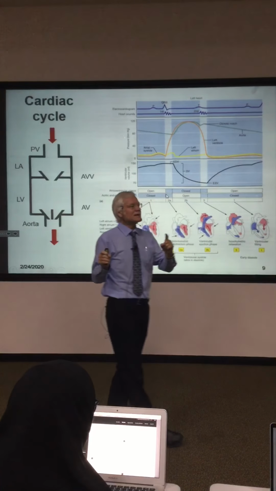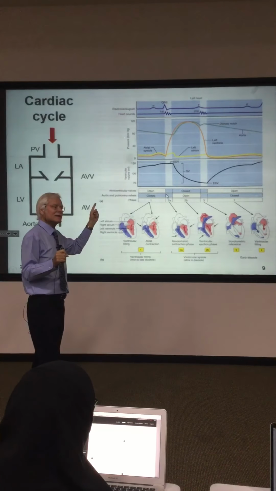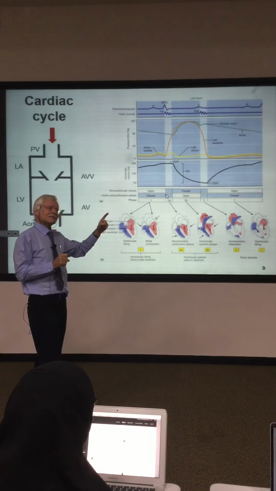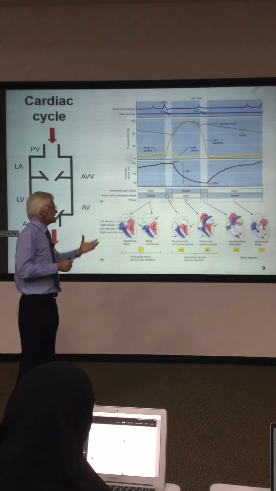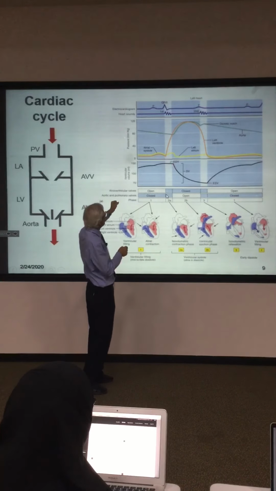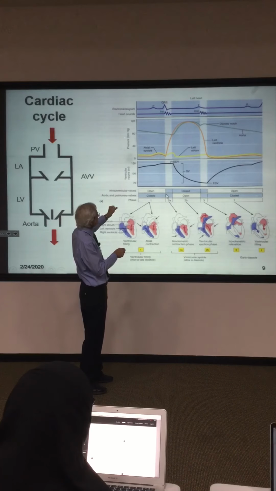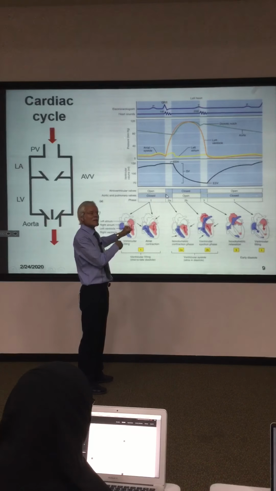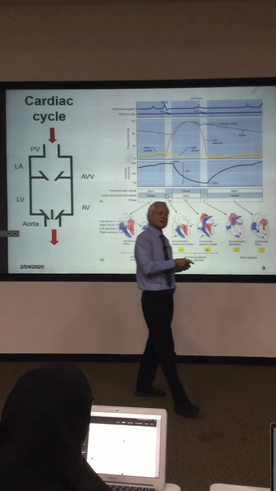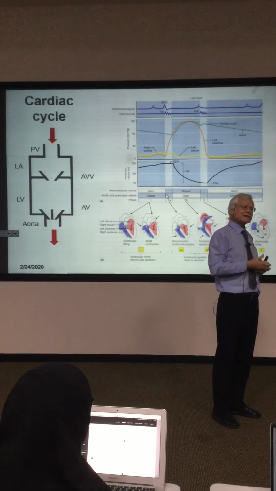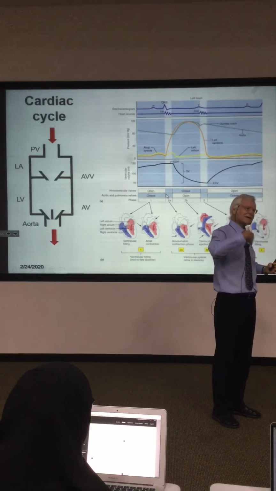The difference between the end diastolic volume and the end systolic volume is the stroke volume, the amount of blood that comes out of the heart with each beat. And in this example, you've got roughly 130 mils here, and you've got roughly 70 down here. 130 minus 70 gives us the stroke volume. Yeah? That's how much blood came out in that particular beat.